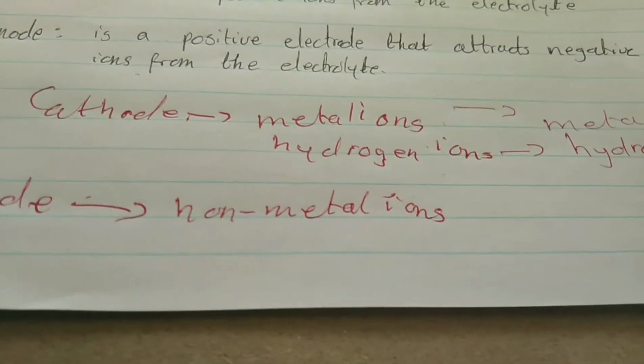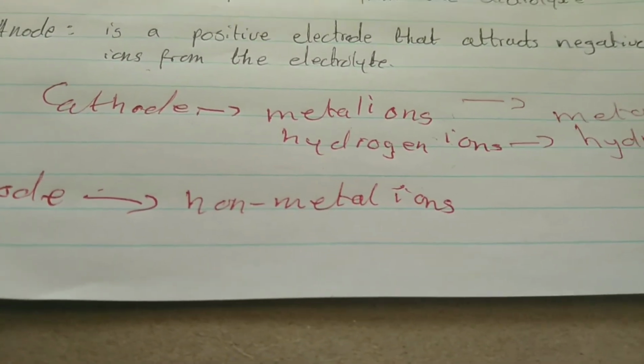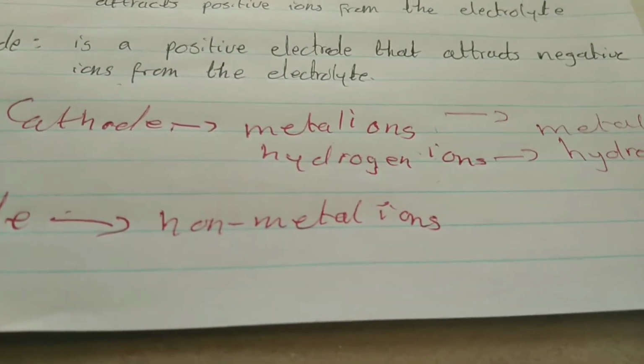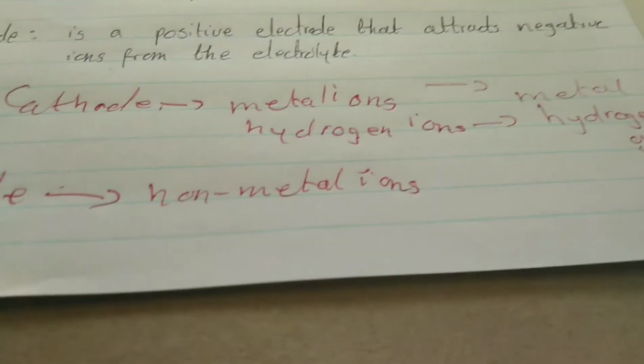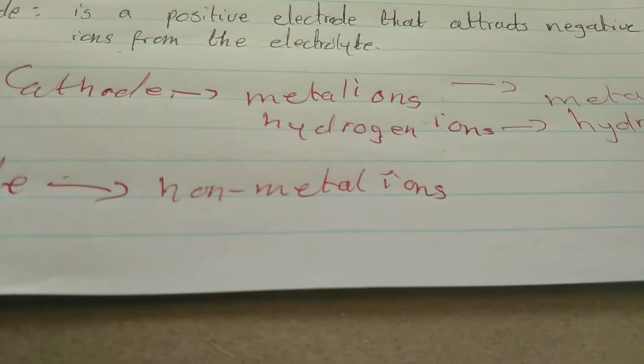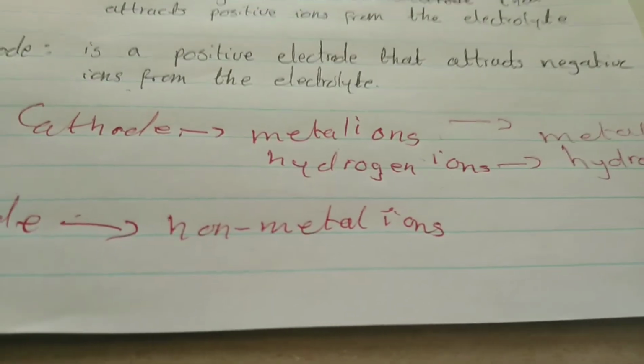So, as the nonmetal ions are attracted to the anode, the nonmetals will lose the electrons. Because we know that for a nonmetal to have a negative charge, it has gained an electron.